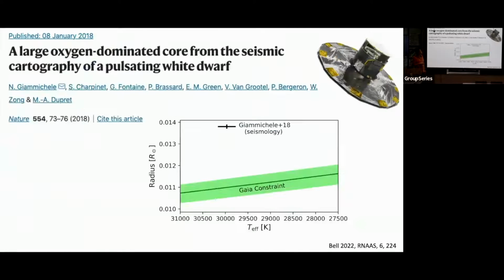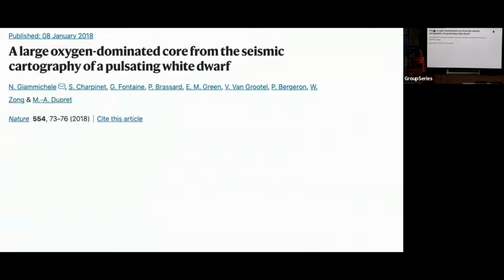This was a Nature paper. It was a really huge paper in our field. This is like the cutting edge of white dwarf asteroseismology. They were able to create a stellar model that matched the pulsation periods to measurements of like a nanohertz precision.